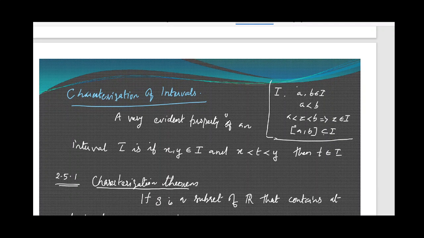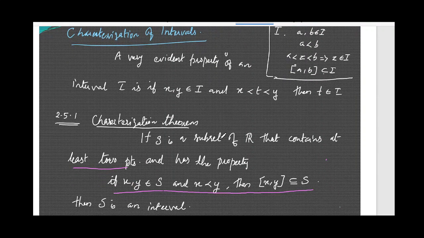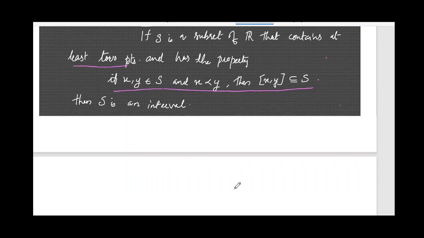That is, for a set S, a subset of R, that contains at least 2 points with the property that if x, y belong to S and x is less than y, then the closed interval x y is contained in S, then S is an interval.